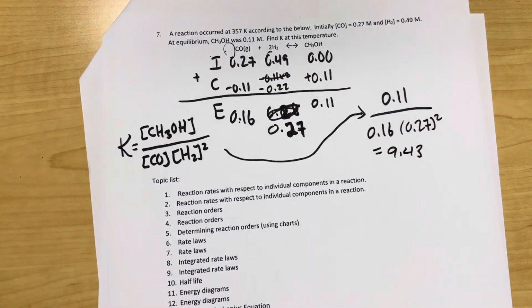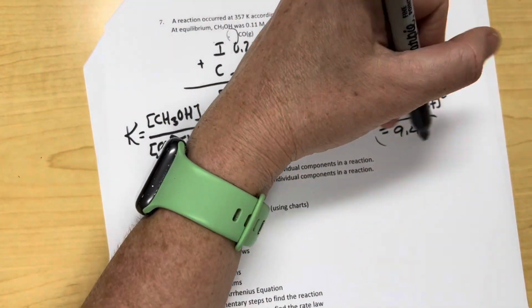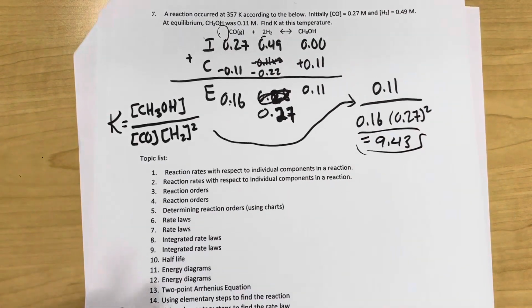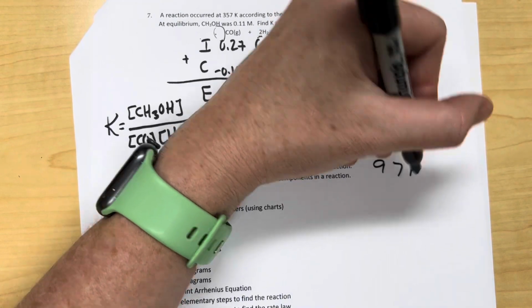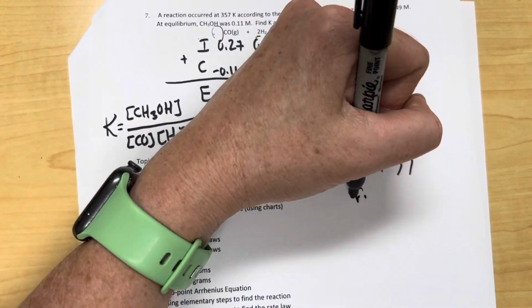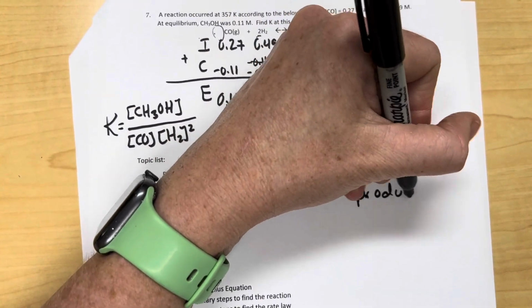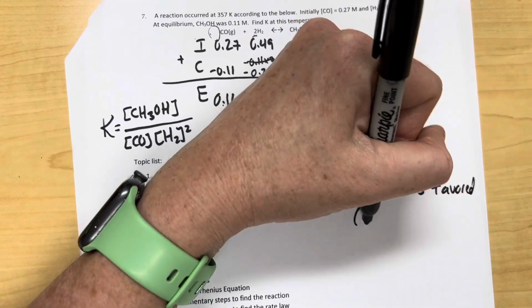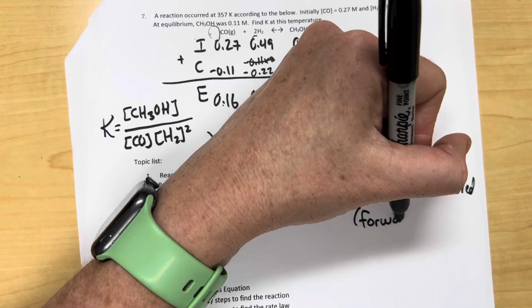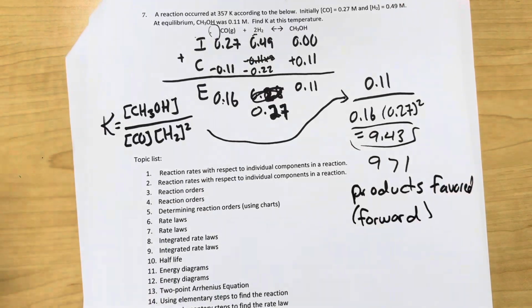Great. Okay, so that is our answer. As some of you in class were saying, it's greater than 1. 9 is greater than 1. Therefore, products are favored. Also known as the forward reaction. In other words, the reaction going this way is favored.